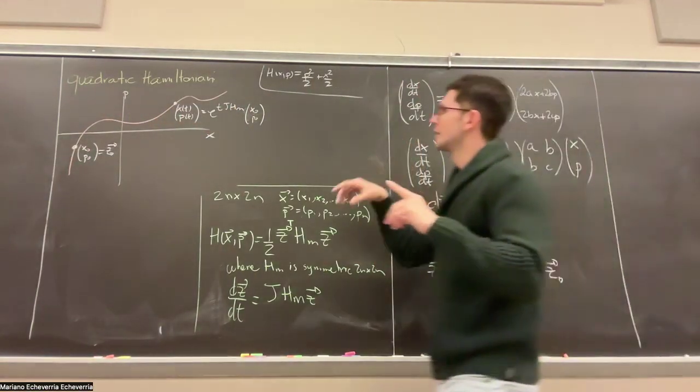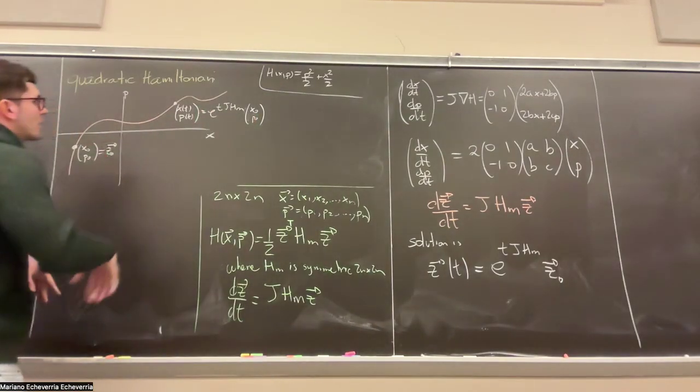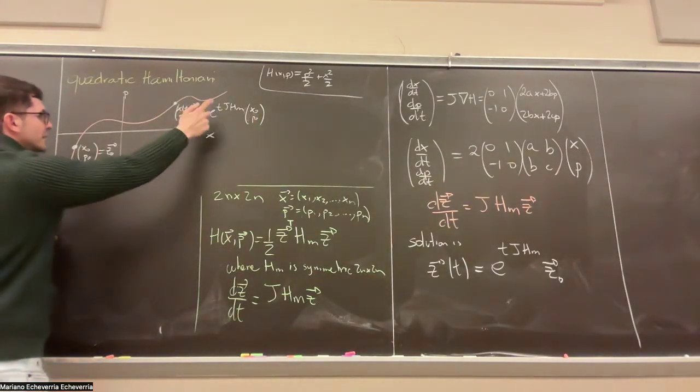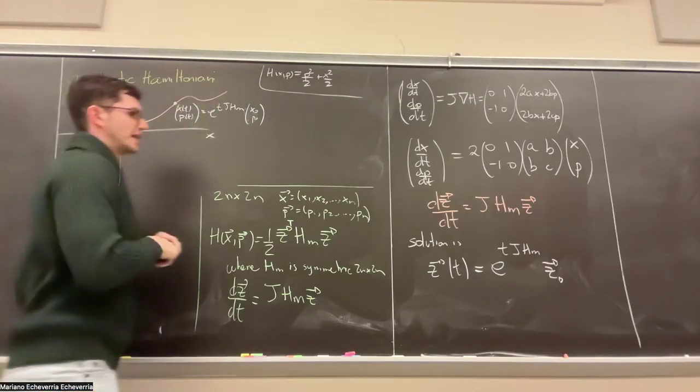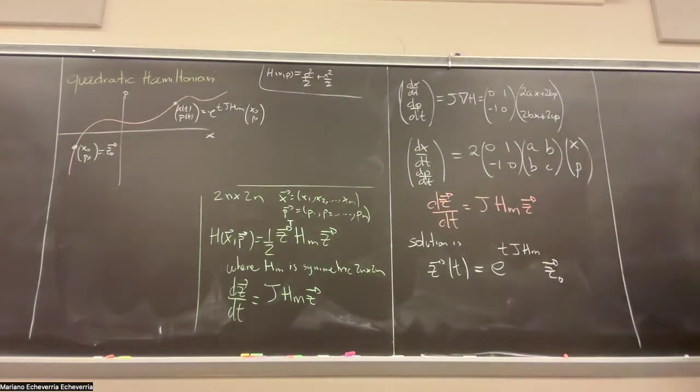So the state at time t is related to the initial values through this exponential matrix. Okay.